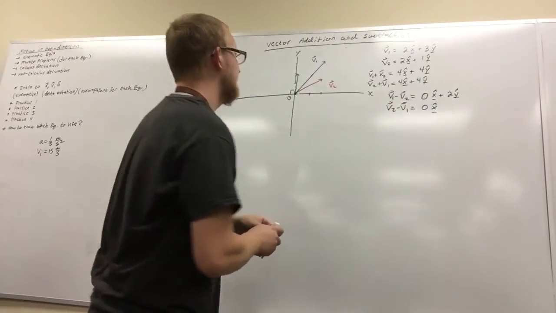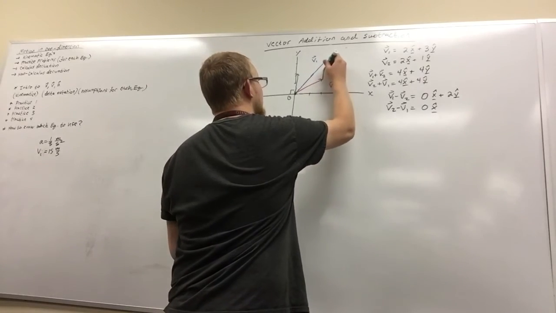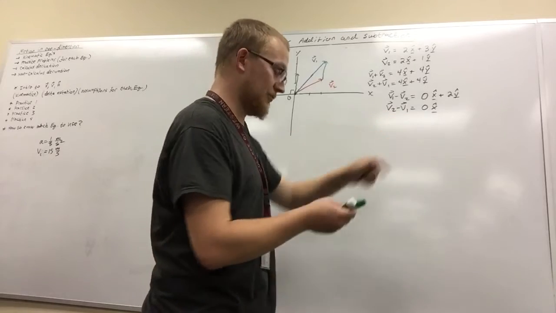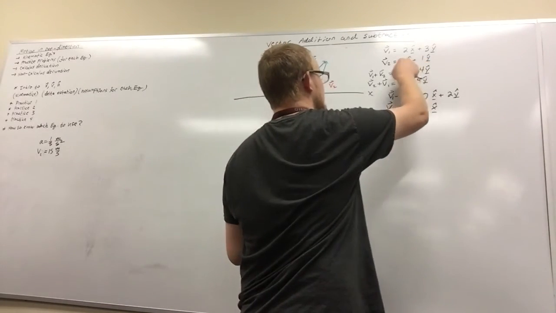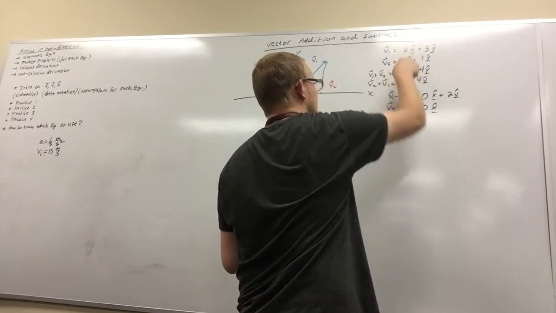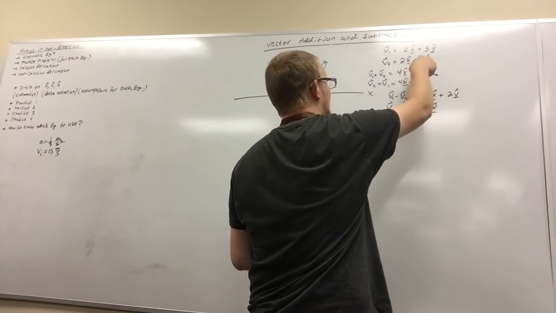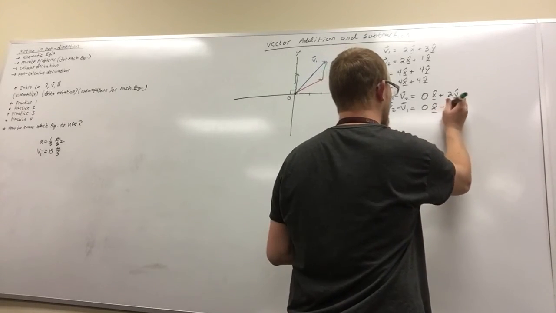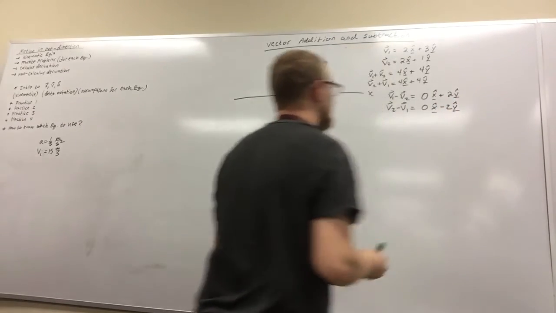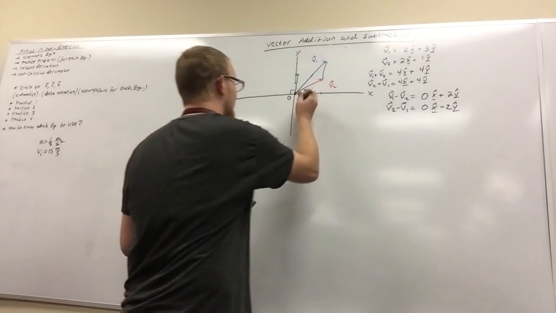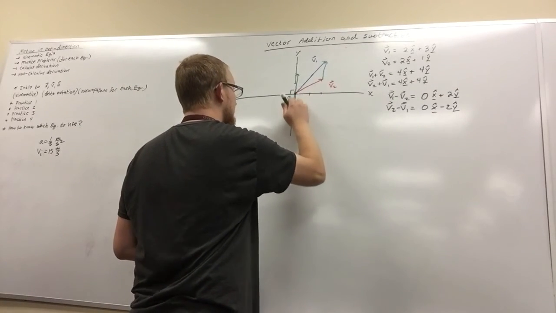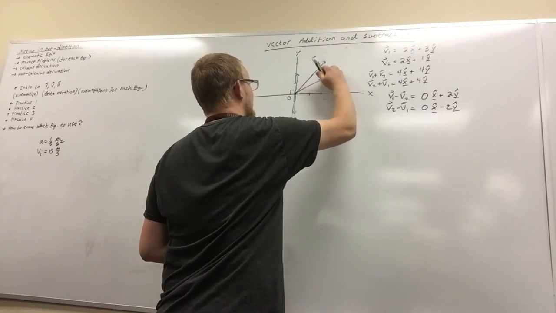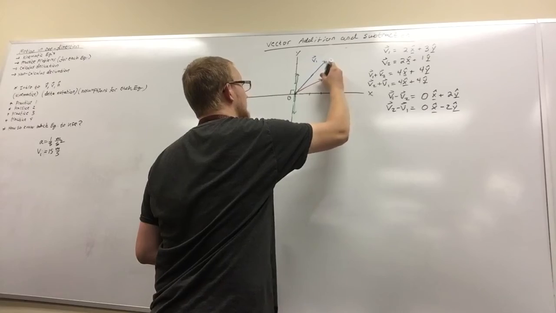So V1 minus V2 points from V2 to V1, whereas V2 minus V1, right, V2's 2x minus 2x is 0x. 1 y-hat minus 3 y-hat is minus 2 y-hat. And so that would be a vector that looks like this. And that would be pointing from the tip of V1 to the tip of V2.